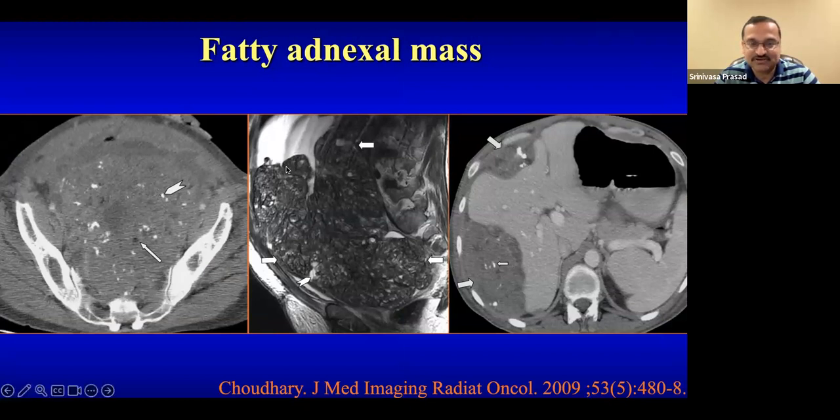So this is how it looked on a T2 weighted MR. And you need to look at in-phase and opposed-phase or fat-saturated sequences to identify macroscopic fat on MRI. And these are examples of the peritoneal dissemination of immature teratoma with associated scalloping of the liver.